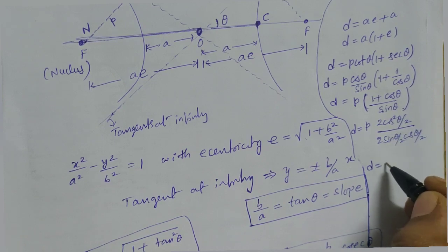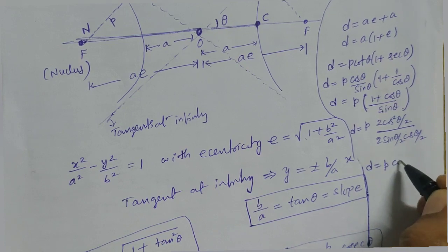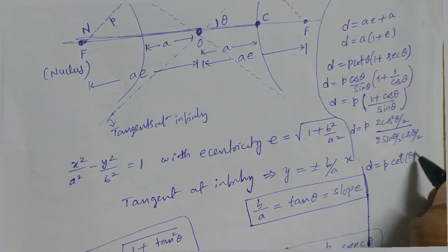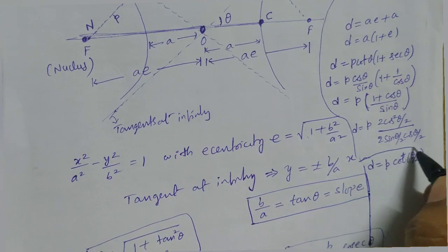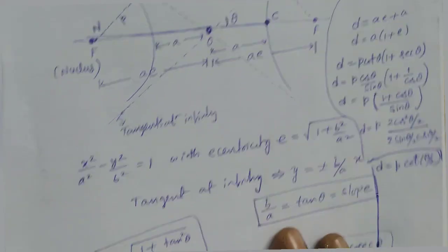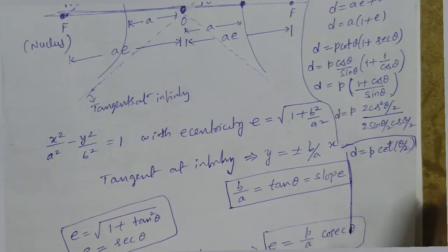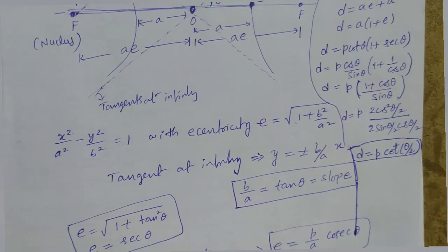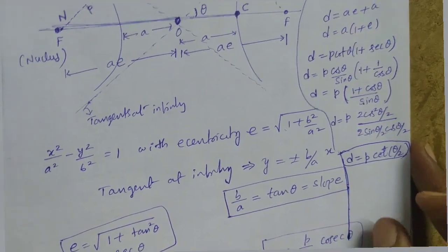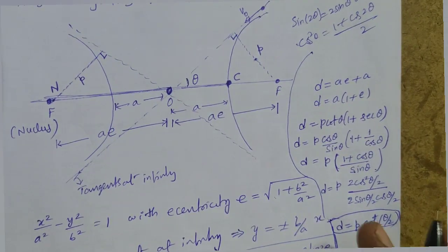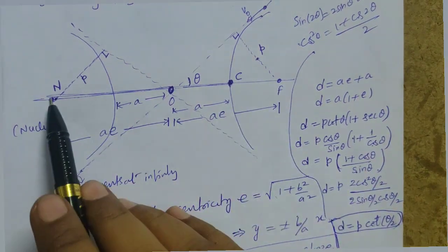So d is equal to P into cot of theta by 2. I hope it is clear. It is only trigonometry, nothing physics here. Okay, fine, so I got that distance from here to here.